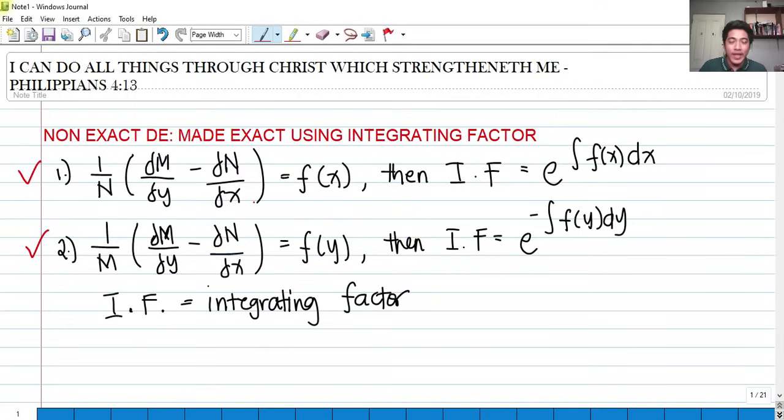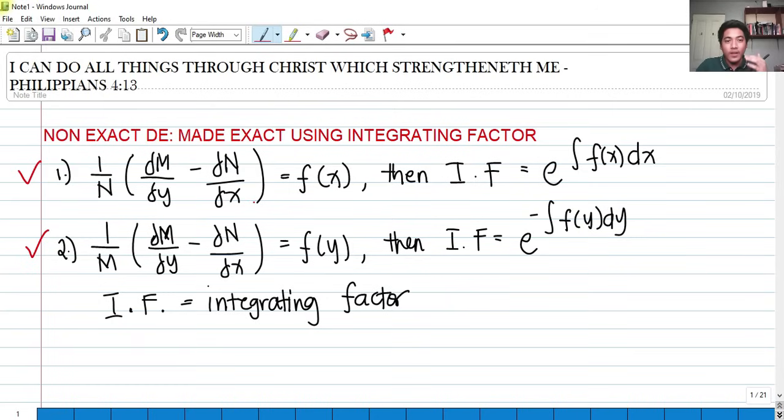And, sir, how do I know if I'm going to use number 1 or number 2? If you can express the value of f of x or f of y into a constant, or into a single variable, that is the formula that you're going to use.